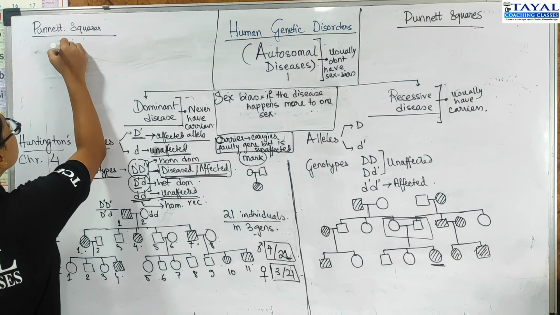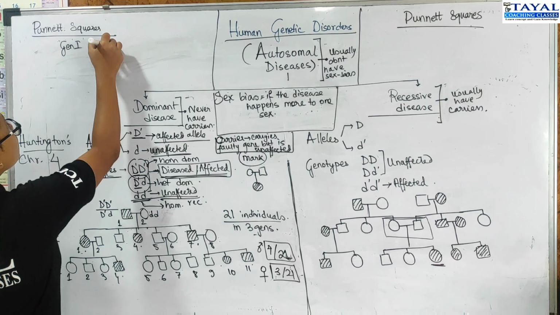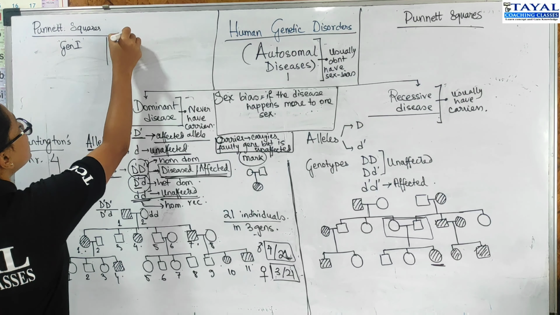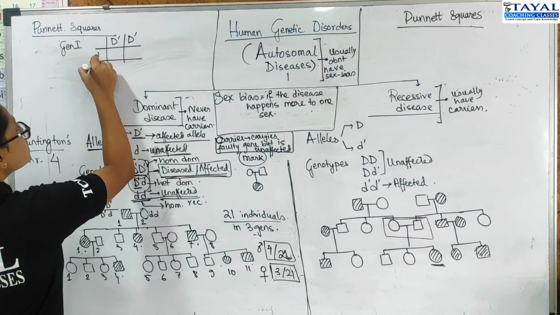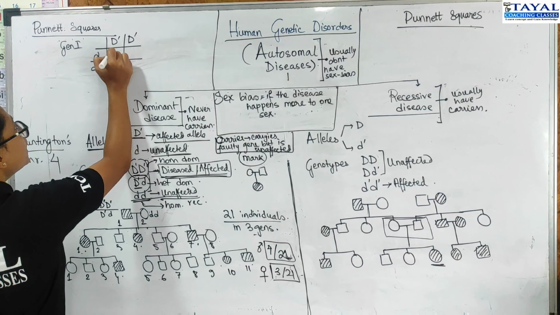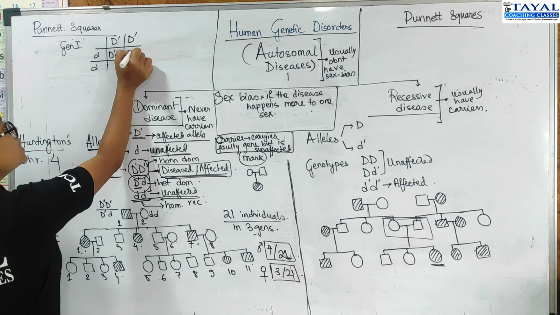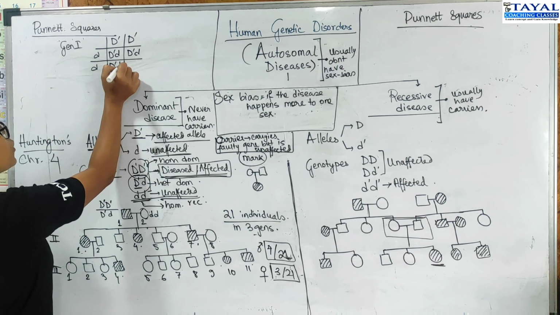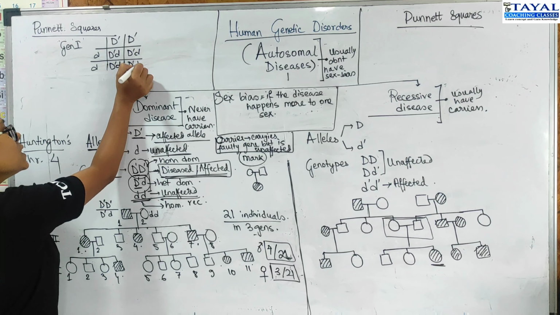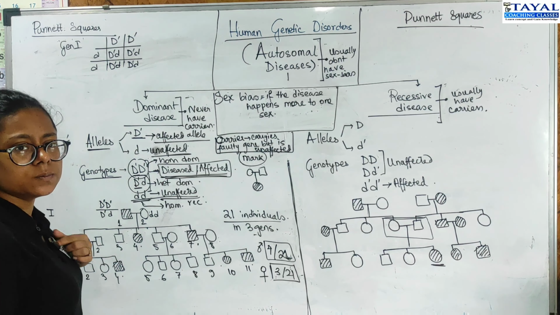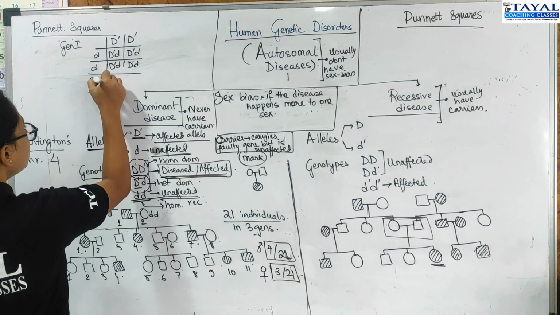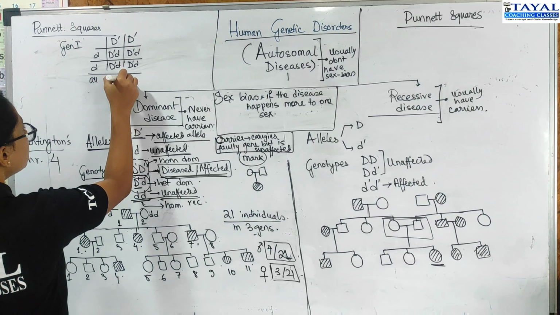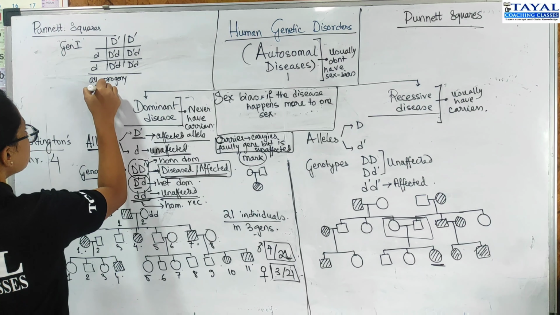Now let's make a Punnett square for generation 1. So you have capital D dashed, capital D dashed and small d, small d. This is one combination. In this combination, you would see that all progeny will always get a capital D dash from the father, right? So in this case, all progeny will be affected.